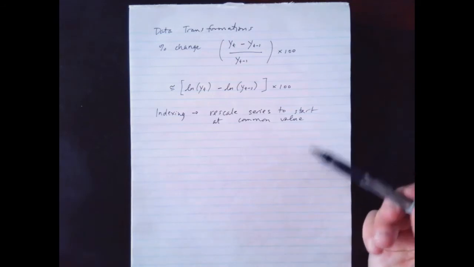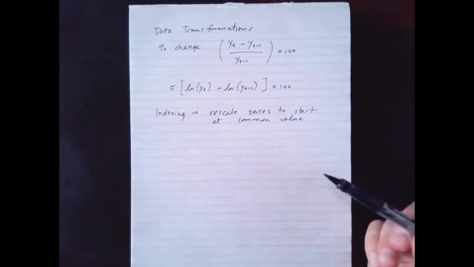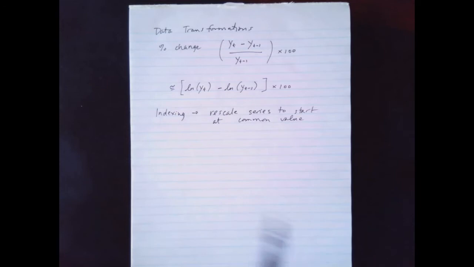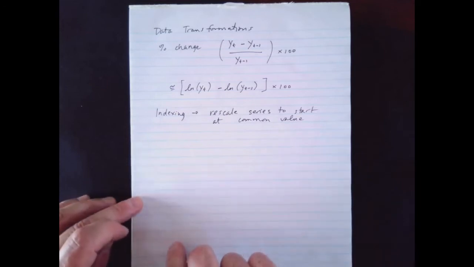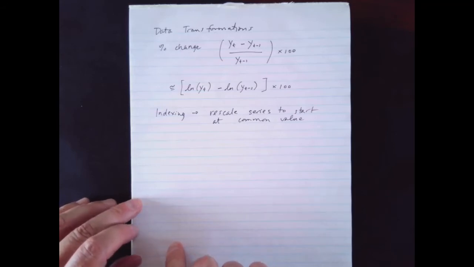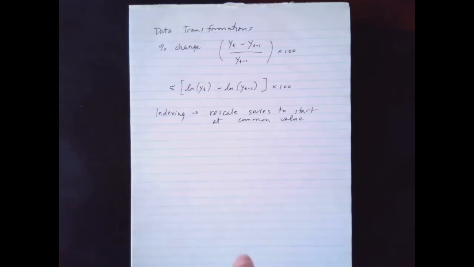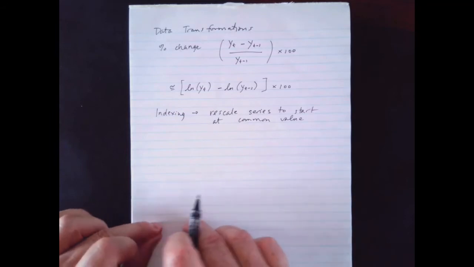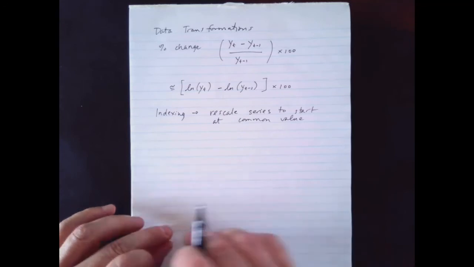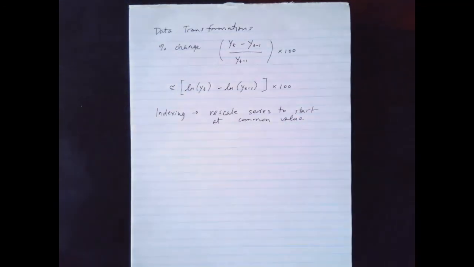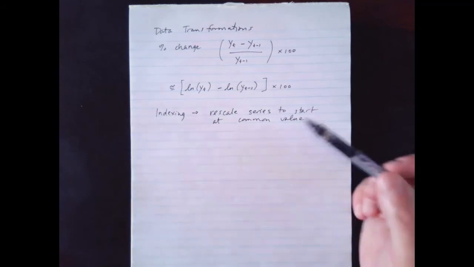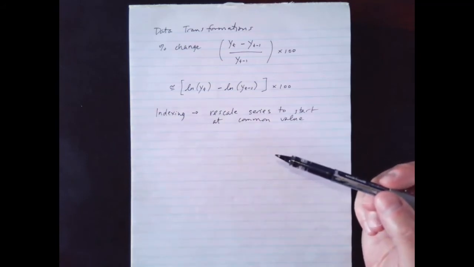Let's say you're working on a portfolio of stocks, and you've got some stocks that are worth a few dollars each, and other stocks that might be worth a few $1,000s each, and you want to compare how they've performed. Well, if you just graph them all together, you'll have a bunch of lines clustered right at the bottom of the graph for the low valued stocks, and then lines that might be up in the hundreds or thousands. And so that graph isn't too readable.